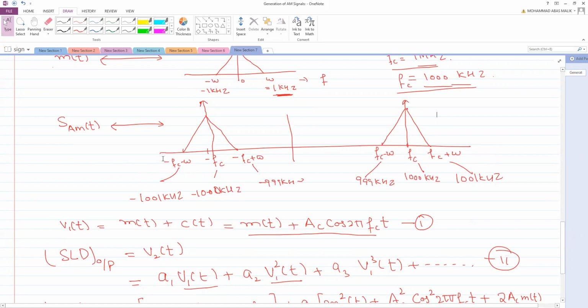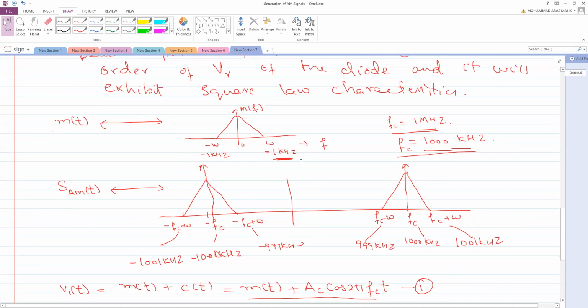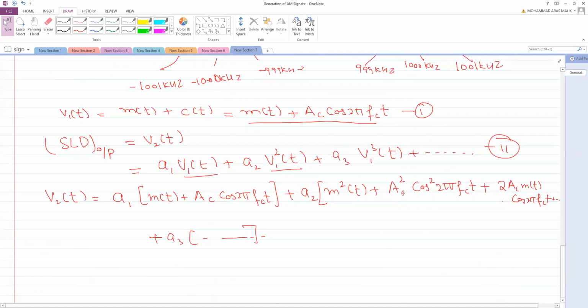Similarly here, minus Fc minus omega to minus Fc plus omega, because negative frequencies don't have any significance. It's just for the sake of symmetry. So it will pass frequencies from Fc minus omega to Fc plus omega. And omega is the highest frequency component in the case of the message signal, right?